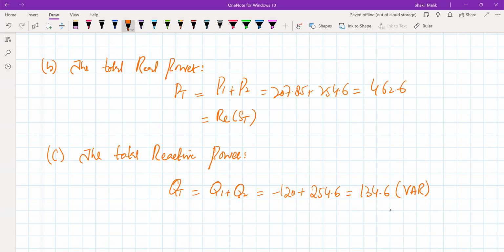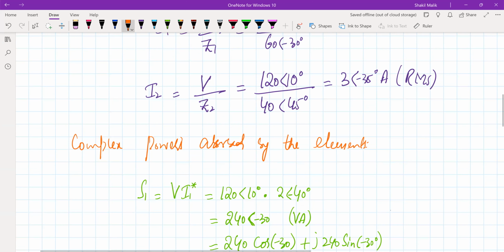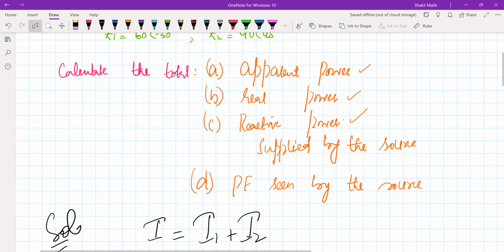This is the total reactive power supplied by the source, or the total reactive power absorbed by the two branches connected in parallel. It is the total reactive power stored by these two elements, and the source has to supply it, because when the source supplies, the elements get stored.